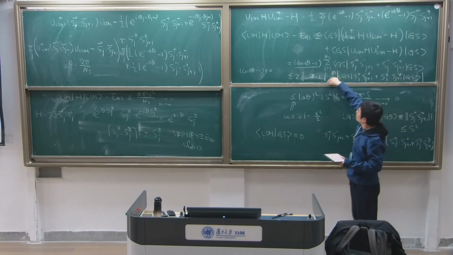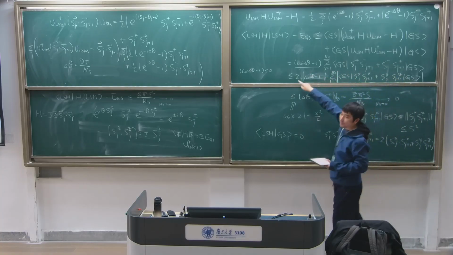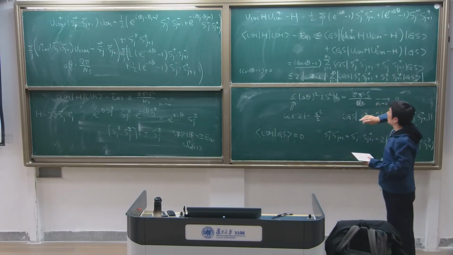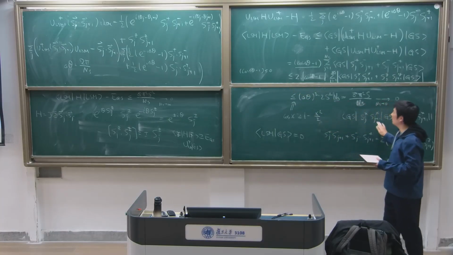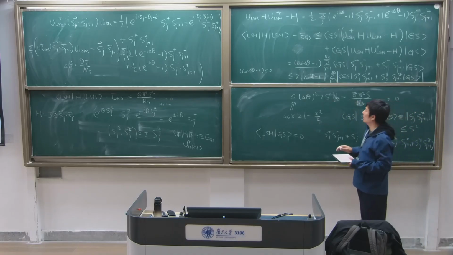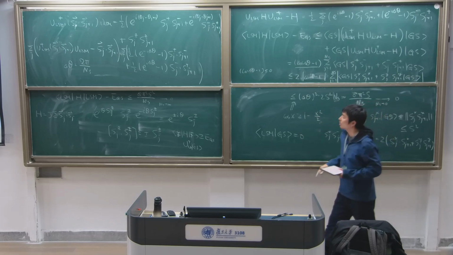If you take both absolute values, you just have the inequality. That's it. And then if you use this identity, you get this. So that's the energy gap between the LSM state and the ground state energy.